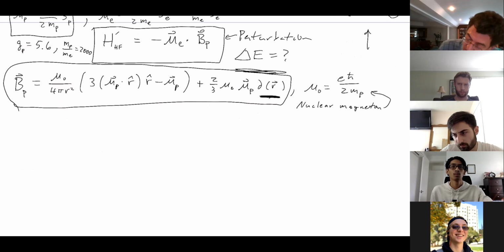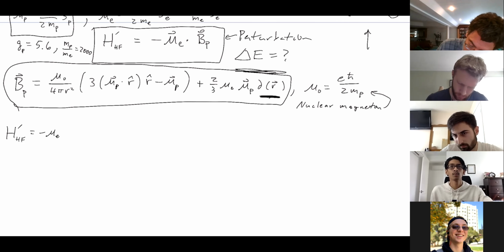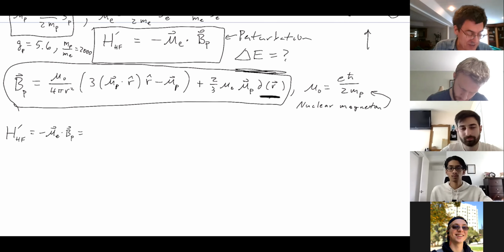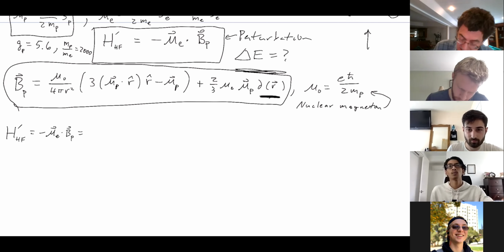Okay, so using that formula, we can write down the perturbation felt by the spin of the electron, which is negative mu e dot B from the proton. So let's dot them. I'm going to dot those two factors, and I get this formula.